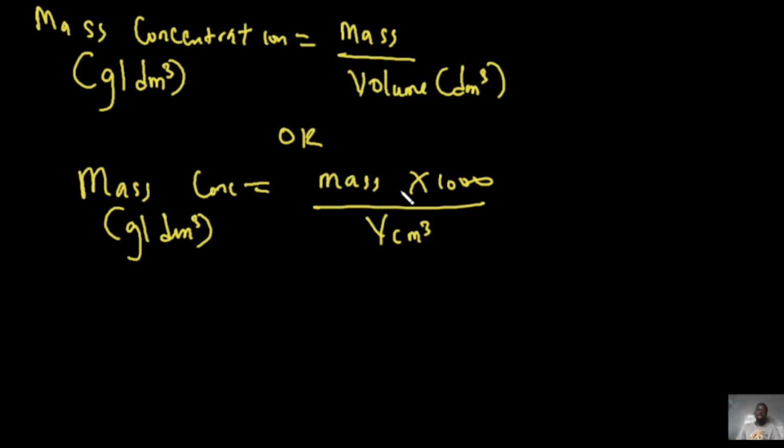Now, having said this, the next important thing, I think it's very prevalent, is how to relate mass concentration and molar concentration, because yes, there should be a relationship between the two of them. So what is the mathematical expression that directly relates these things?